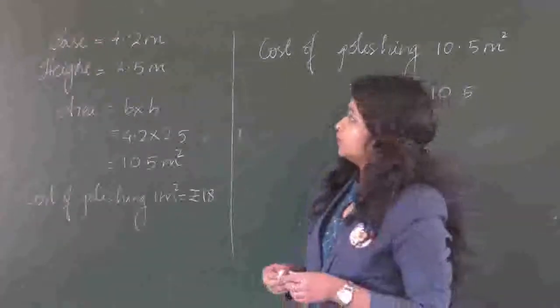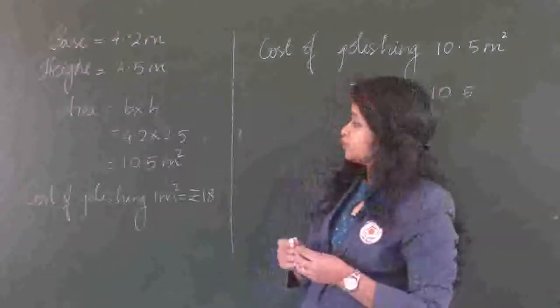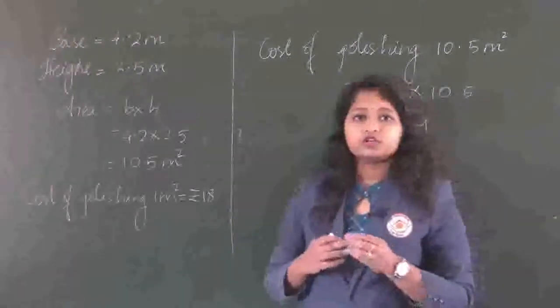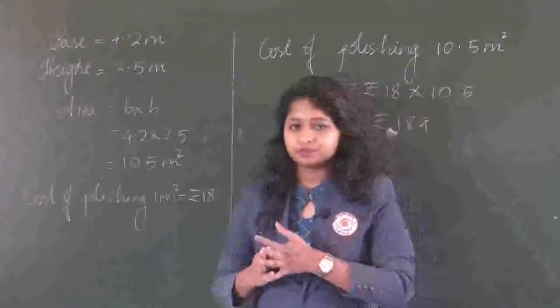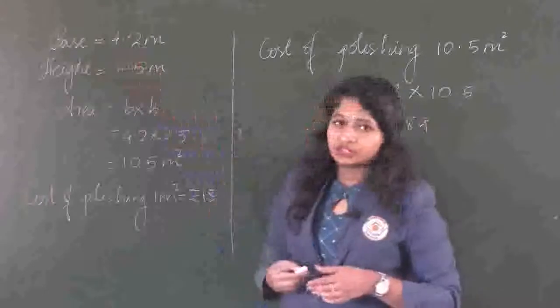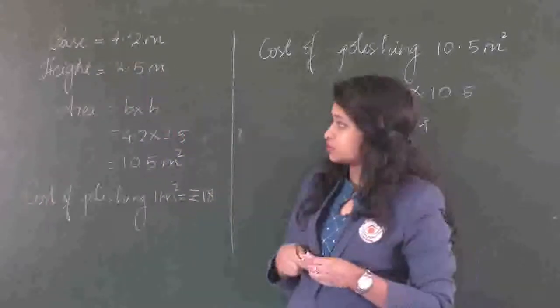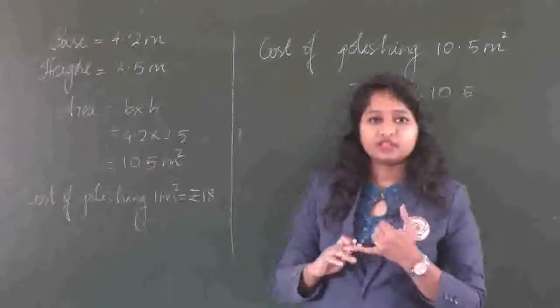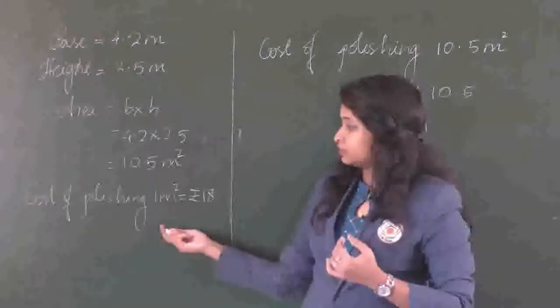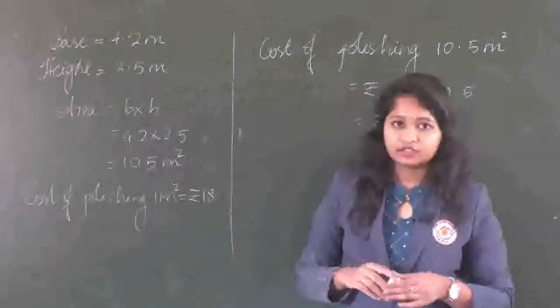So, the base and height is given. We should find the cost of polishing the table. Base is given as 4.2 meters, height is given as 2.5 meters.